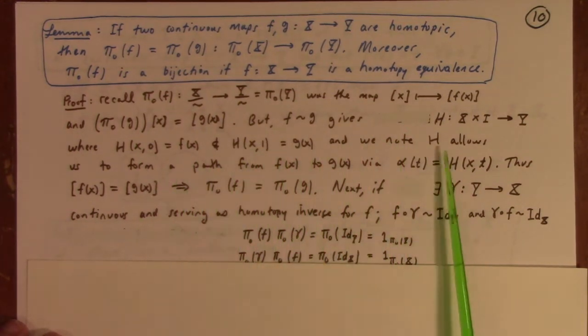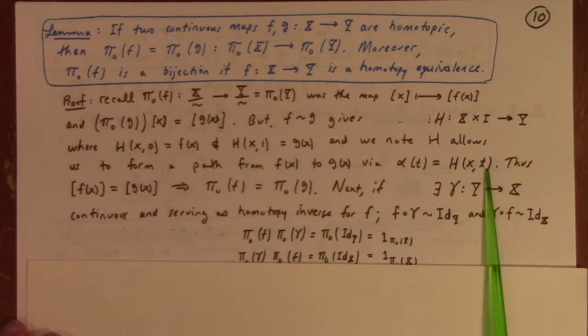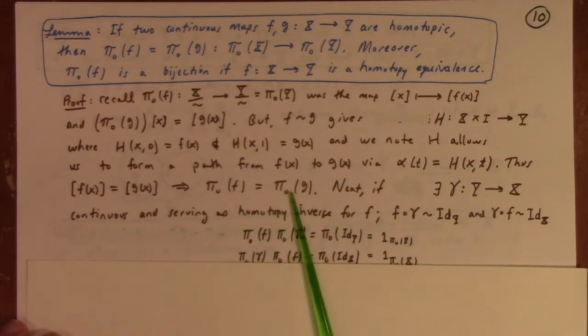And notice that h allows us to form a path from f of x to g of x by, let's say, alpha of t equal to h of x comma t. That means the class of f of x and the class of g of x are equal, but that says that the induced maps are equal.